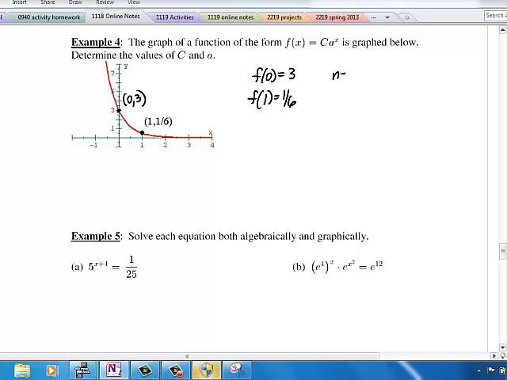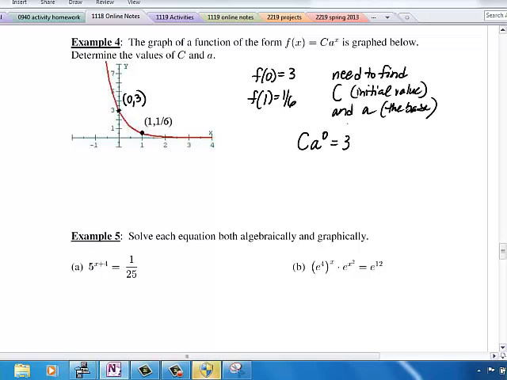And we need to find c, the initial value, and a, the base. So what we know is that c times a to the 0 is 3, filling in x equals 0 into our pattern. And we know that c times a to the 1 is 1/6.